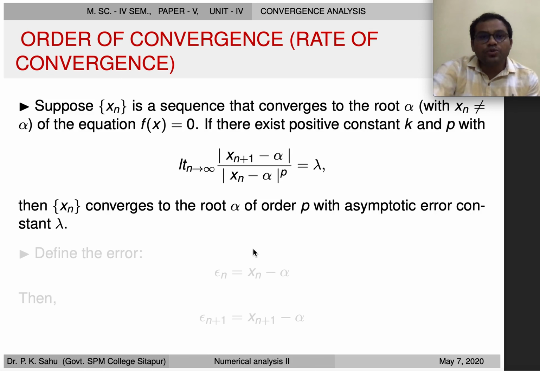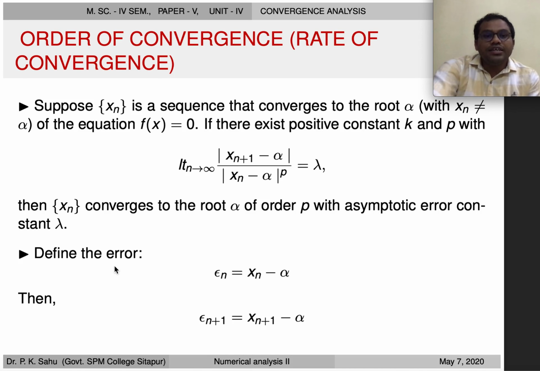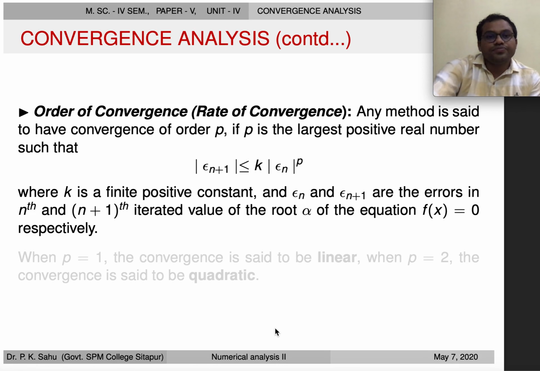Now, there is one more definition of order of convergence or rate of convergence, which is in terms of error. So let's see what is error. As we know, error in the nth approximation is denoted by xn minus alpha. Here xn is the nth iteration or approximation that we have generated and alpha is the exact root. Then error at the (n+1)th approximation is denoted by x(n+1) minus alpha.